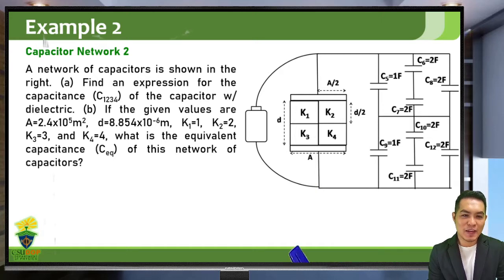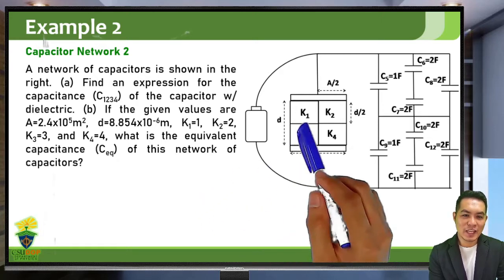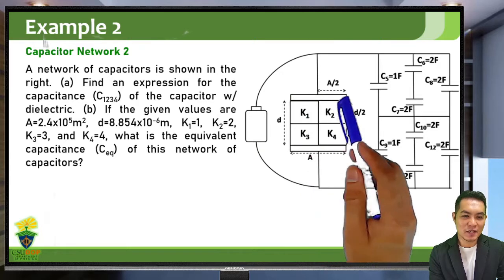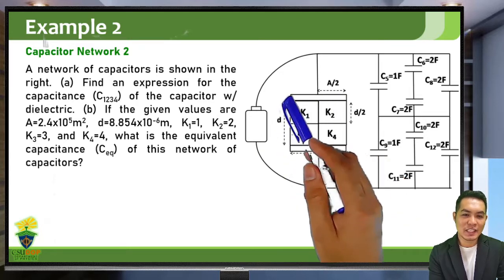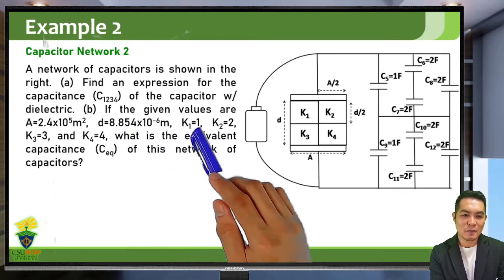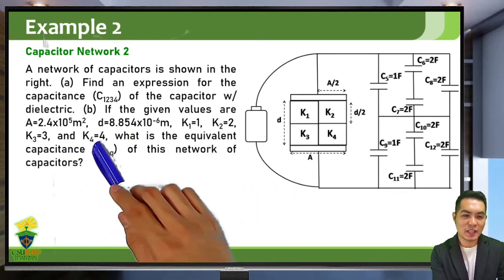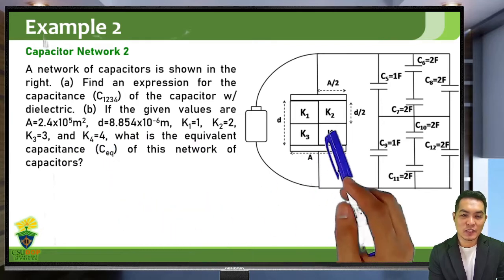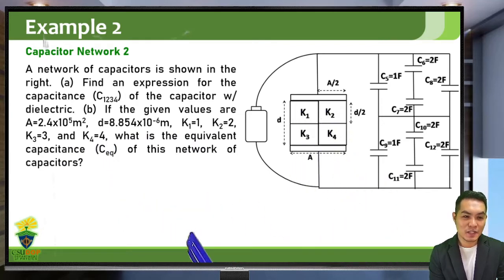The area of this plate and the distance d of the plates are given by this one, and K1 is 1, K2 is 2, K3 is 3, and K4 is 4. So the dielectric constants are given. So what is the equivalent capacitance of this whole network?